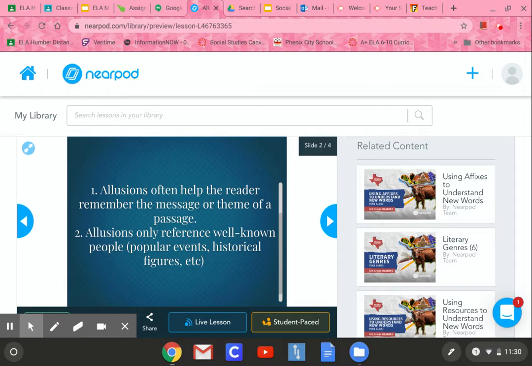The illusion is Hercules, and Hercules comes from a Greek mythological story, and it basically means that someone is extremely strong. Well, if I mention Hercules, you would probably have an image of Hercules in your head for a second. And that would be one purpose of an illusion. Also, keep in mind, illusions only reference well known people or popular people, popular events, popular historical figures. So keep that in mind about illusions.